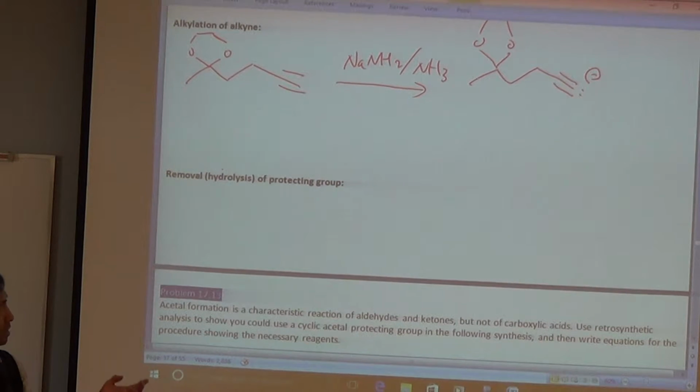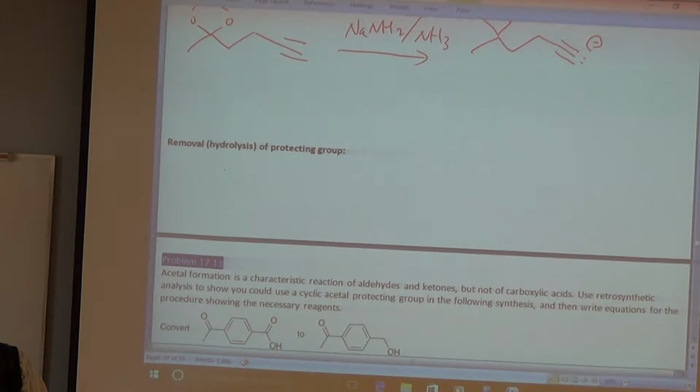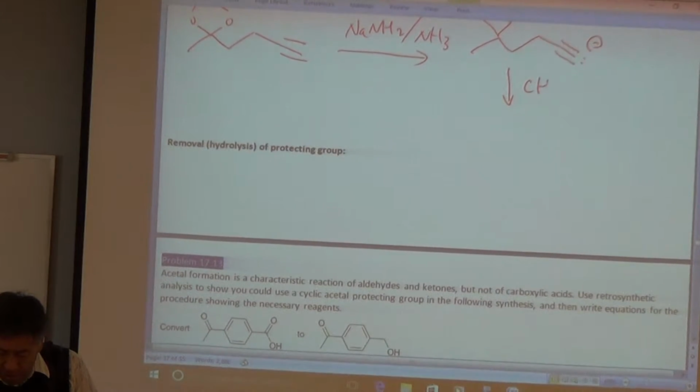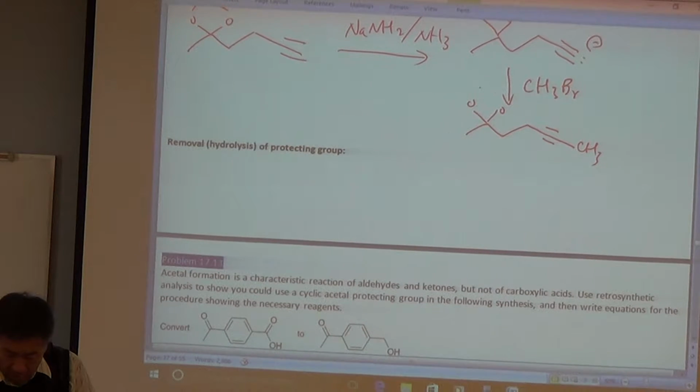The strong acid is that terminal H from the triple bond. So now for this one, you can just add, for example, CH3Br. Now you will have this CH3 at the end. But we still have the protecting group on.